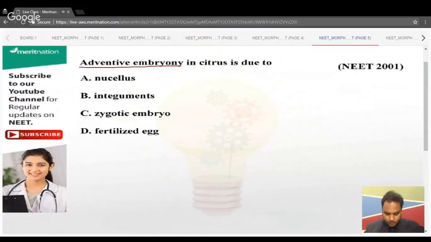Okay, so adventive embryony just talks about the formation of an embryo directly from a diploid sporophytic cell, right? And you know what a sporophytic cell inside an ovule is.